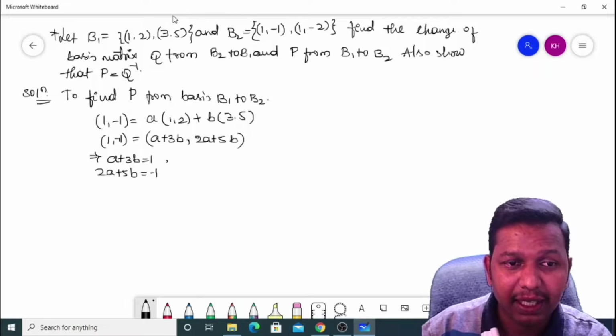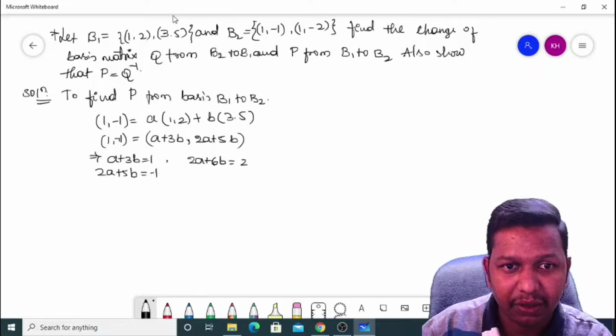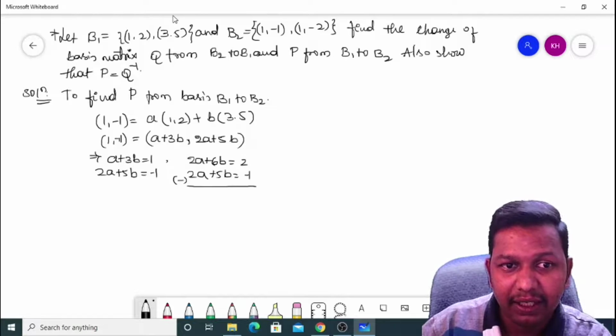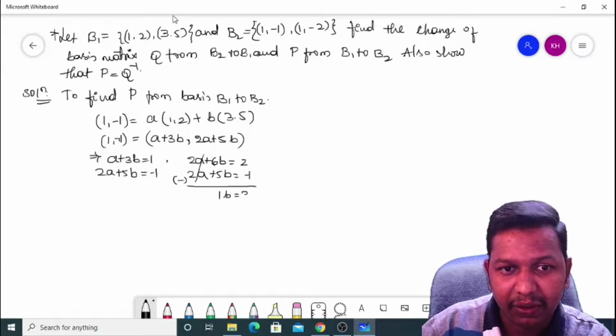So I multiply the first equation by 2, that is 2A plus 6B is equal to 2, and 2A plus 5B is equal to -1. Subtract these two equations, the 2A gets cancelled. Here we have B equals 3.